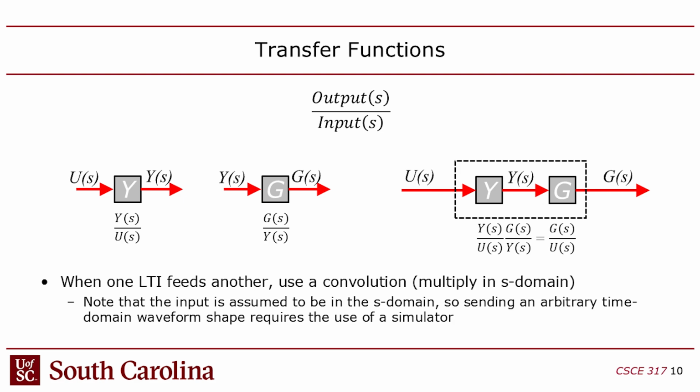Now you might say, well, wait a second, what if there's more than one input, more than one output, right? What if you have a MIMO system, multiple input, multiple output? How's that work? Well, then it gets a little bit more complicated. Then you end up having to do a matrix style representation of this.